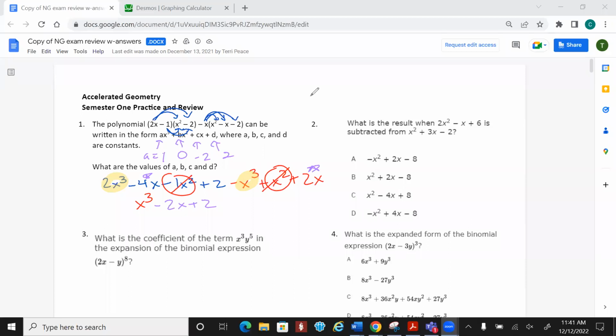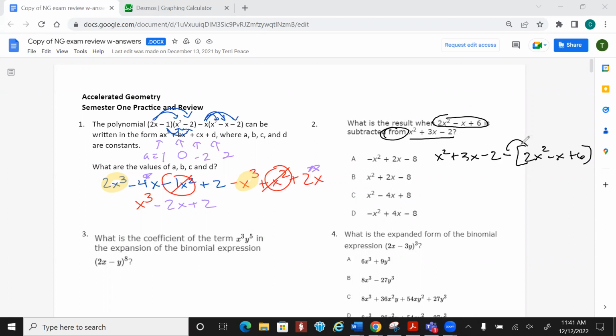On the final exam. So on this next one, it says, what is the result from this first one is subtracted from x squared plus 3x minus 2. So when they say from, what they mean for you to do is write this first, then subtract this guy. Okay, so we're going to write x squared plus 3x minus 2 minus (2x squared minus x plus 6).